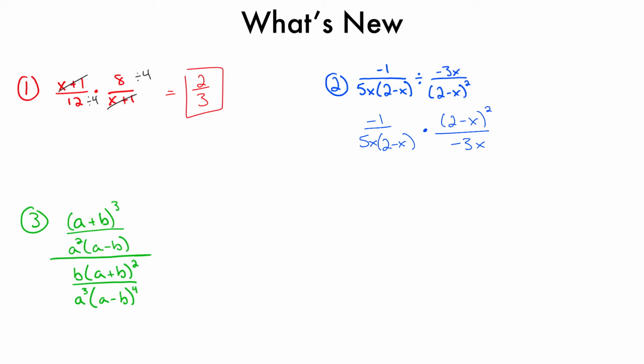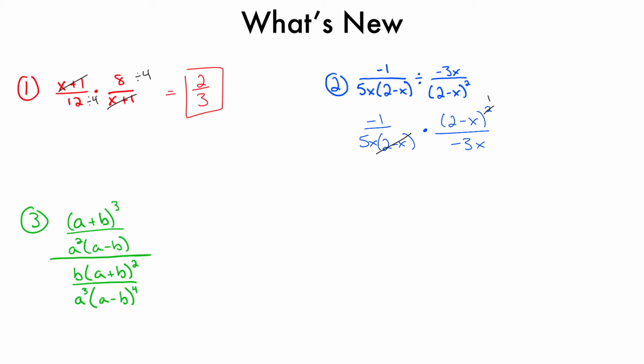All right. I have a 2 minus x on bottom, and I have a 2 minus x quantity squared on top. So there's two of them on top. That means this individual 2 minus x will get rid of one of the two of them that I have on top, leaving you just one left. Other than that, there's nothing more you can do other than you have a negative on top and a negative on bottom.